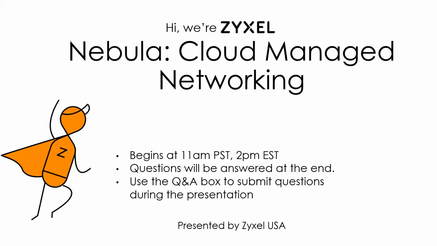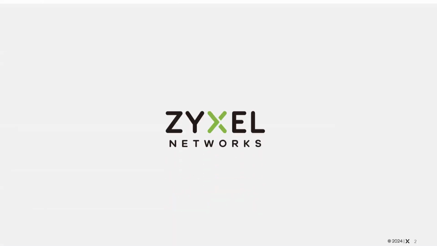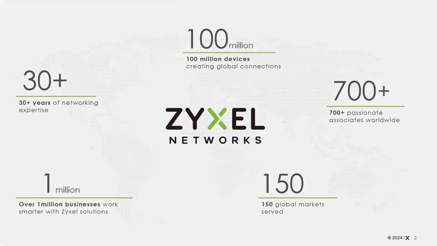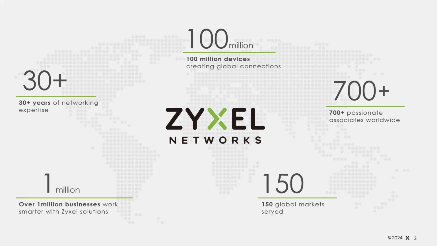We'll start with a brief history on who Zyxel is. I like to throw this in here because oftentimes this introduction to Nebula webinar is being watched by our new partners who have only recently signed up to our partner program and might not be that familiar with us. Zyxel Networks has been in business for over 30 years.